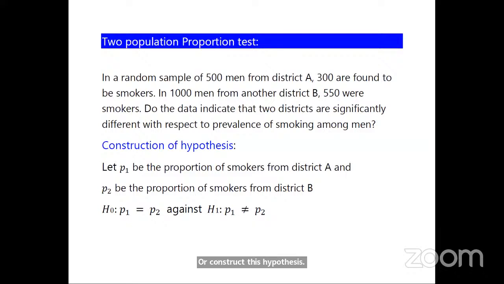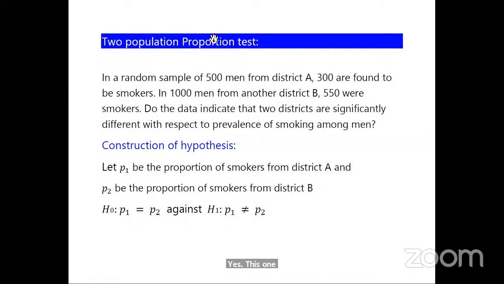Anybody? It is given in symbols here. I want in words or in sentence. How we will construct this hypothesis? Yes, respond.